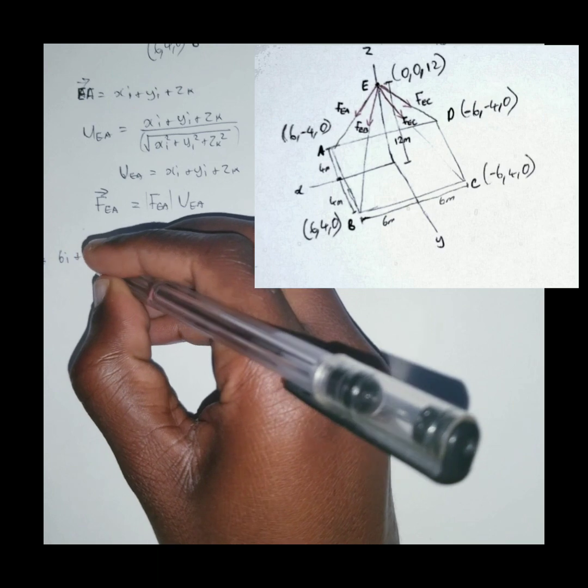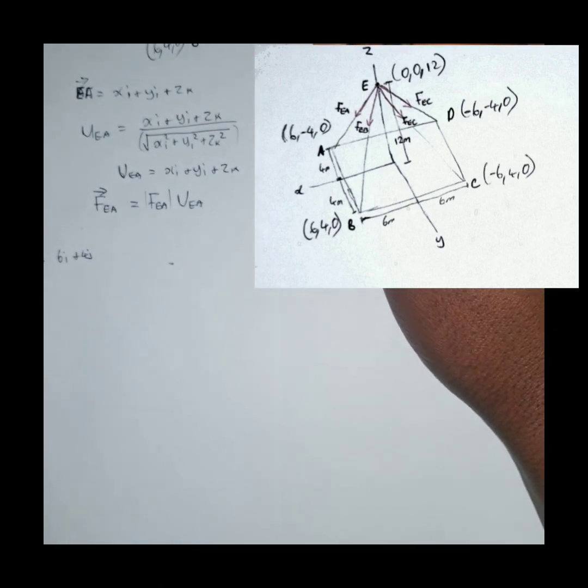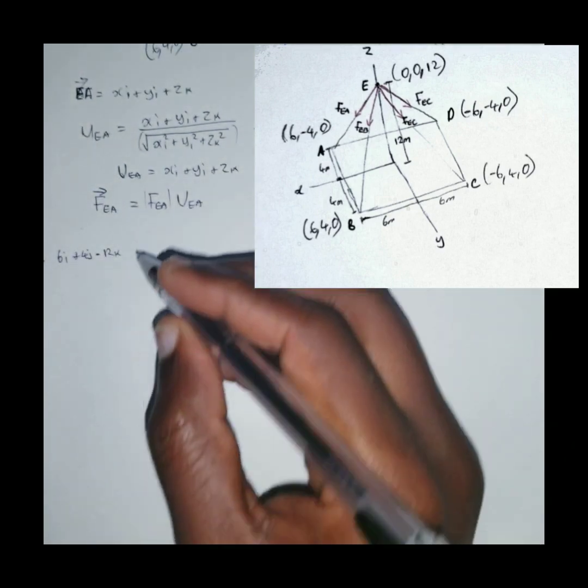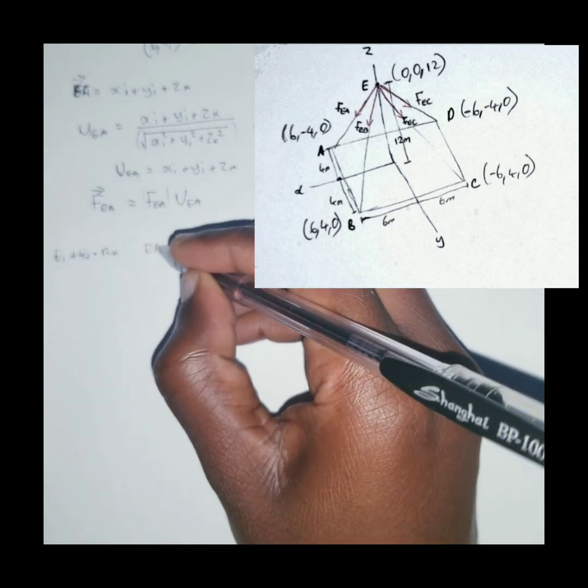Then 4 minus 0 will give us plus 4j, then 0 minus 12, you get negative 12k. The magnitude of EB will give you 14 as well.